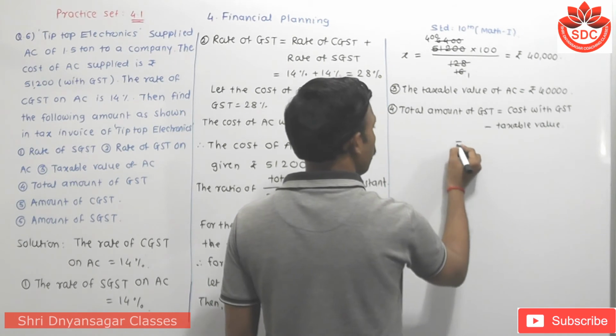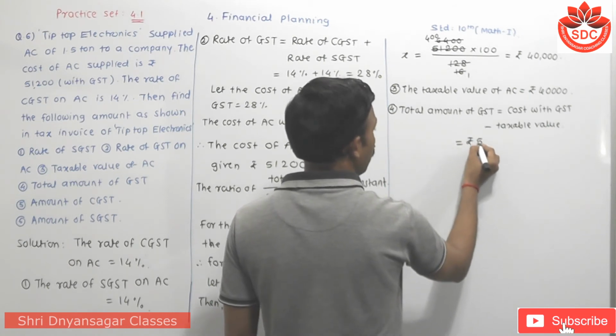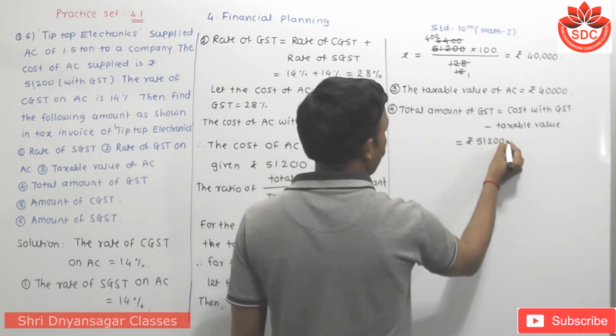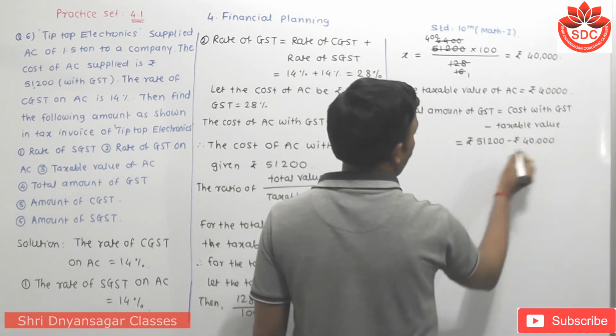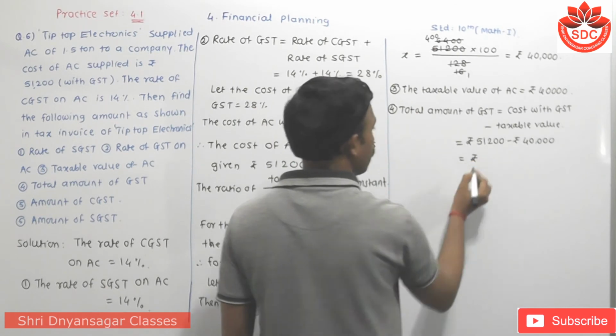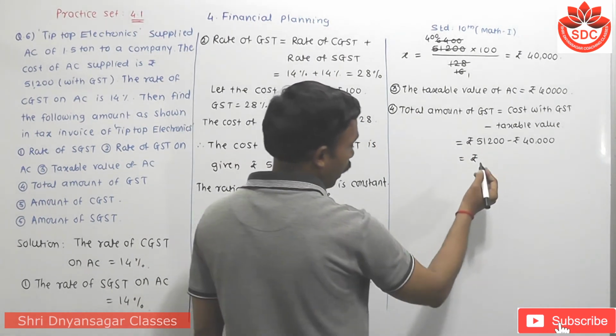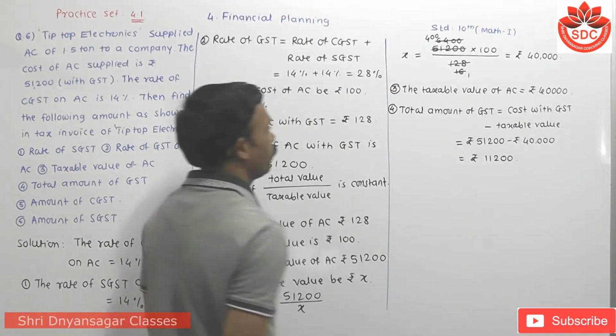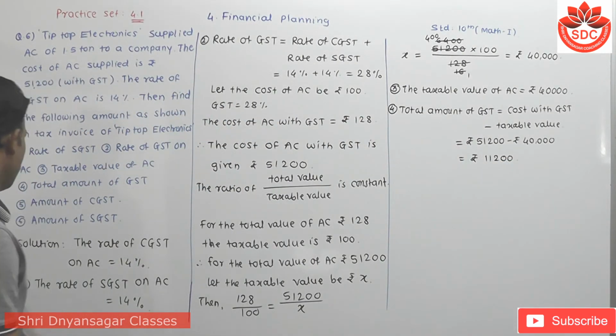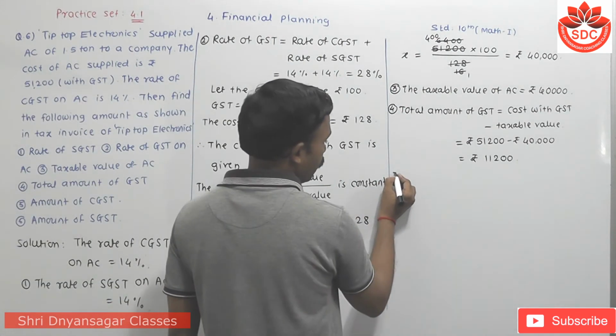Cost with GST is how much? Rupees 51,200 minus rupees 40,000. So simple one, you have to subtract directly here, 11,200. Then student, next one is amount of GST.